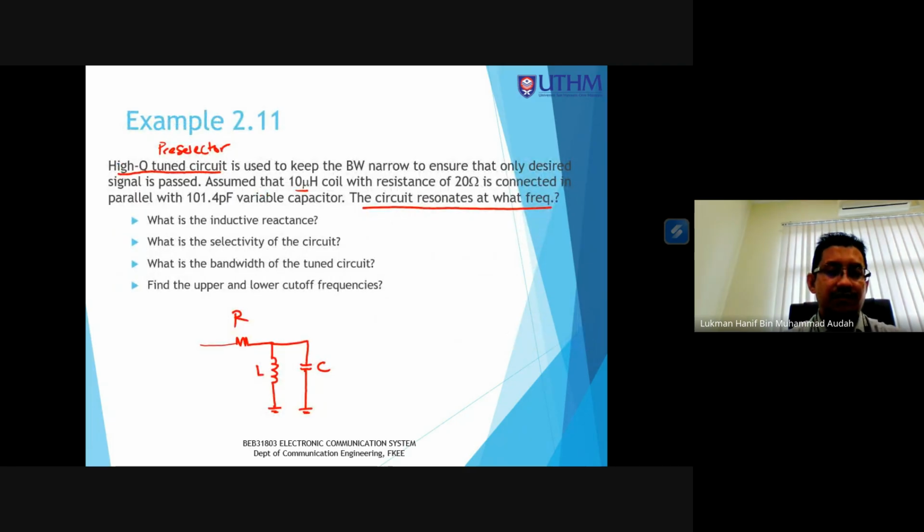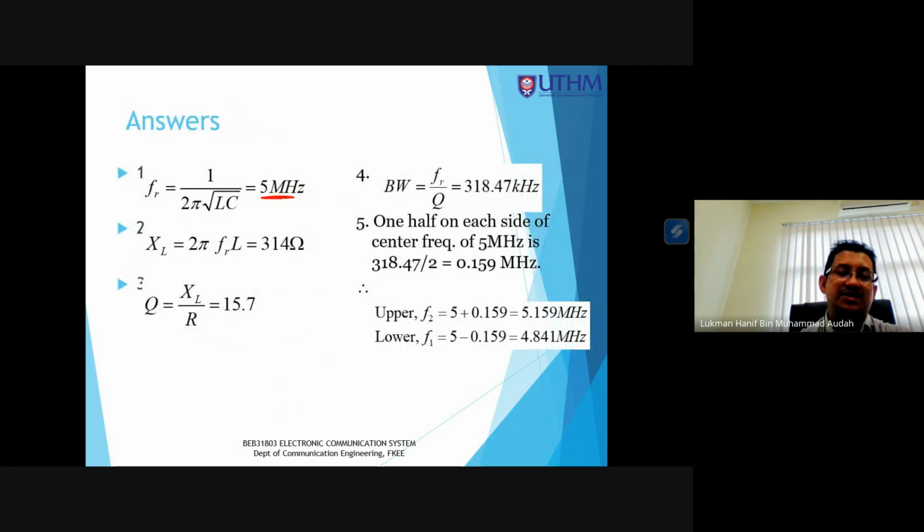So if you see from here 101.4 picofarad, you multiply with 10 microhenry, and then take the square root of the answer, multiply with 2 pi, and then 1 over the answer, so you're going to get 4998056. So the value has been rounded up to 5 megahertz.